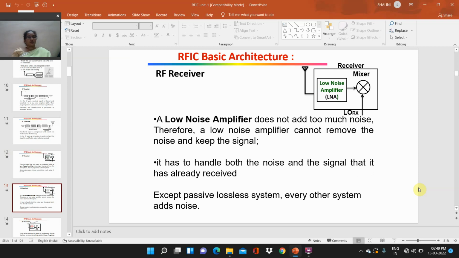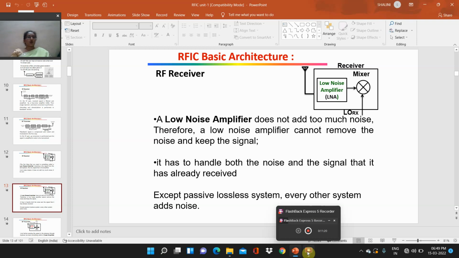Next, RF receiver. What will be present in the RF receiver? The low noise amplifier does not add too much noise. Therefore, a low noise amplifier cannot remove the noise and keep the signal. It has to handle both the noise and the signal that it has already received.